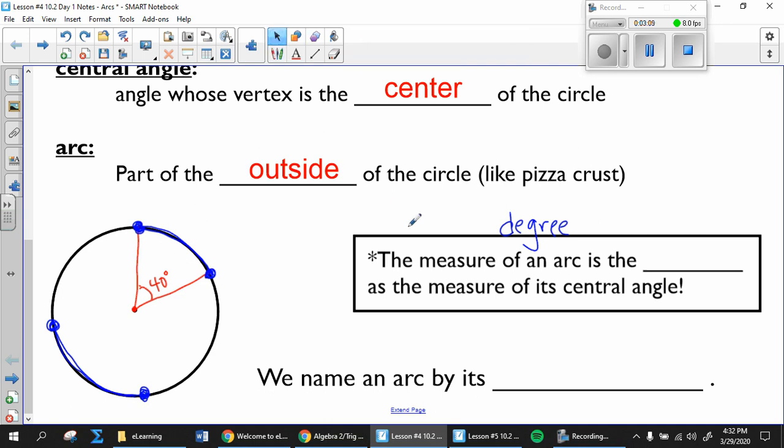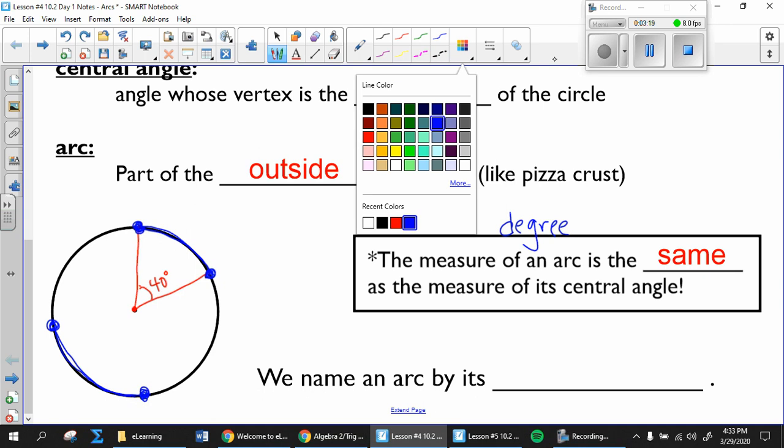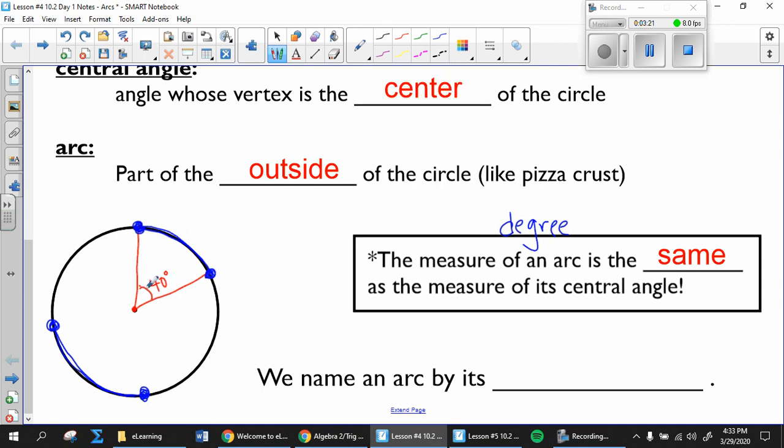The measure of an arc is the same as the measure of its central angle. So it stays pretty simple: if this central angle right here is 40 degrees, then this blue arc is also 40 degrees. That arc is always equal to whatever this central angle is.